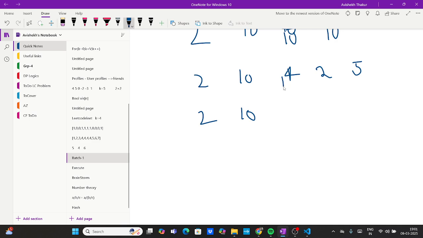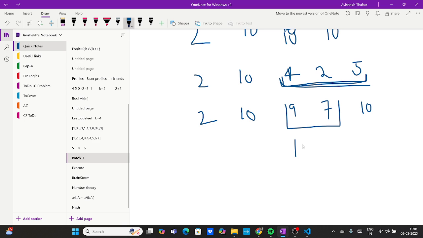Can we say I will increase this 5 times? If I increase this 5 times, it will become 9, it will become 7, it will become 10. Can I increment this one time?